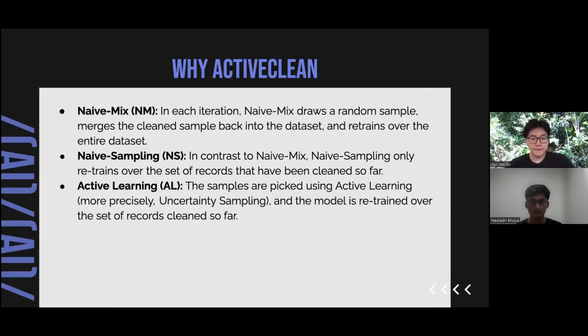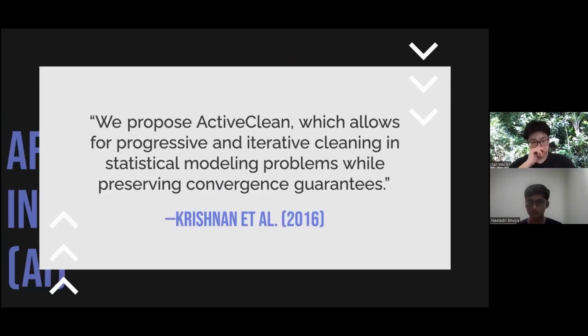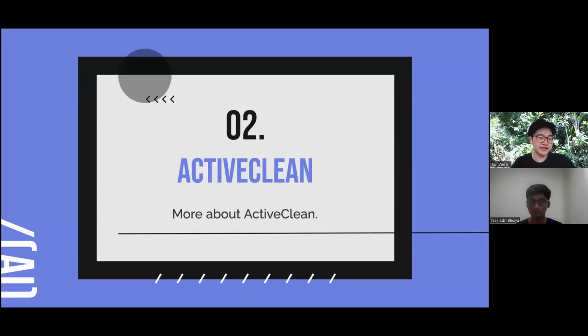Sorry, Wei En, PICET, what's the relationship between PICET and ActiveClean? Oh yeah, sorry. I mean, there's no relationship. It's just sharing more about how we, if given more time, we would have considered research into PICET as well. But ultimately, our team decided to. Okay, so yeah, PICET is a newer work.